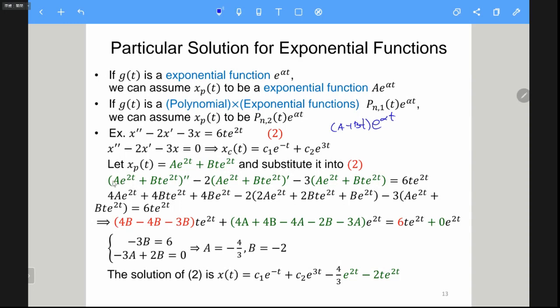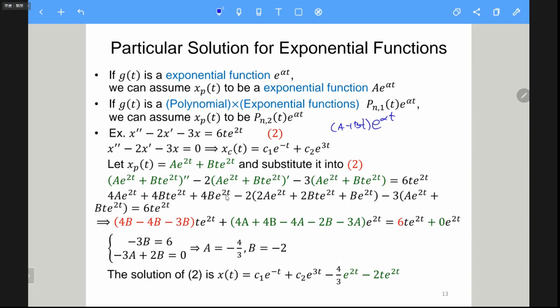So take the second derivative. We have 4 here, and then take the second derivative here. We need to use the product rule because this is a function of t, this is another function of t. So we have a double prime of this one, which is 0, and then prime of this, and then first derivative of this times the first derivative of this will be this term.